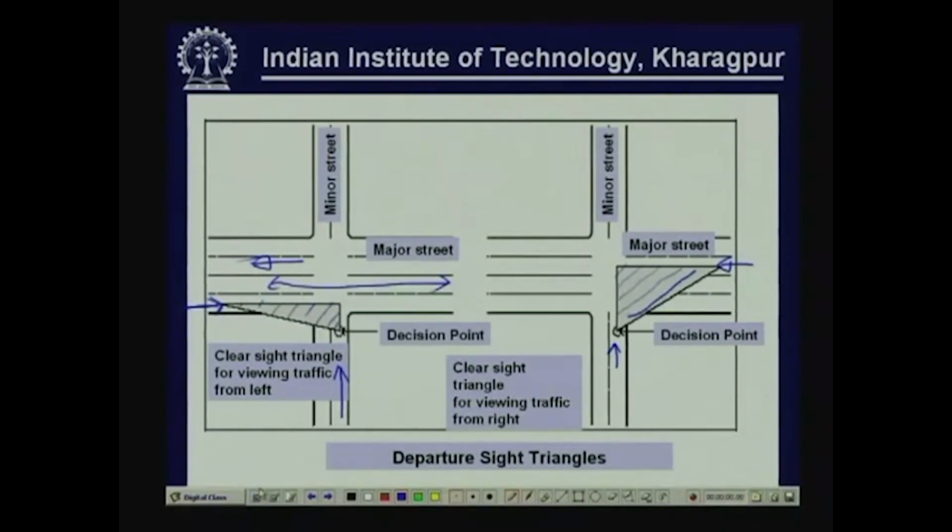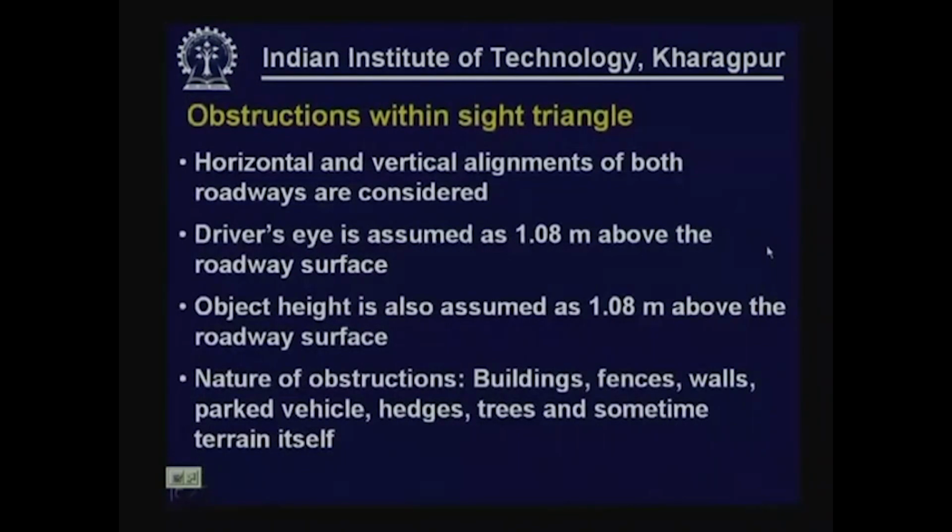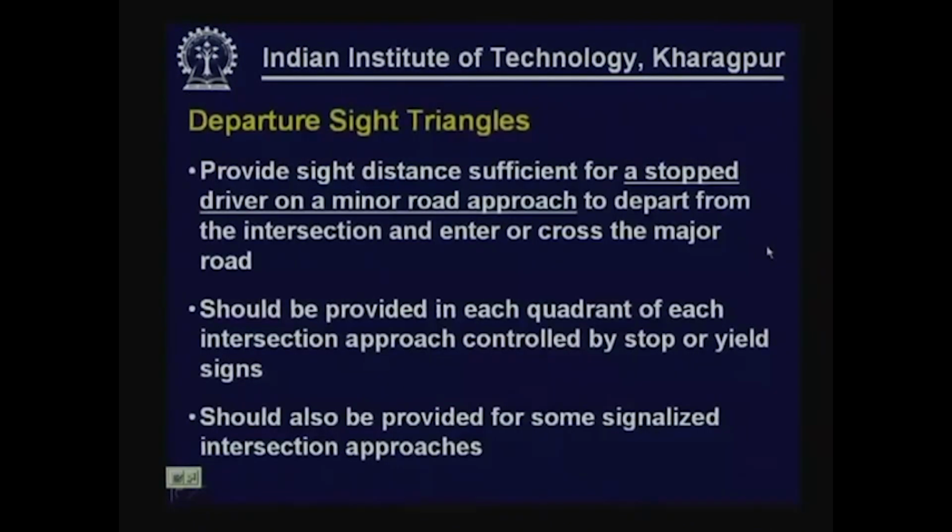Now, departure side triangle. Departure side triangle provides side distances sufficient for a stopped driver on a minor road approach to depart from the intersection and enter or cross the major road.